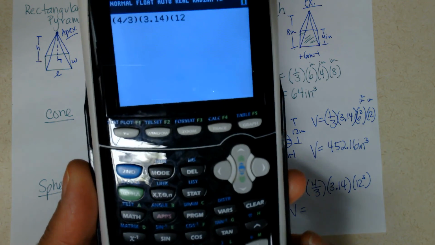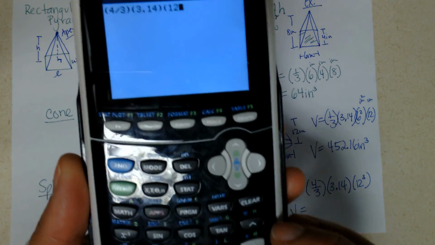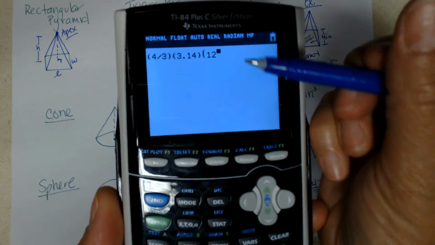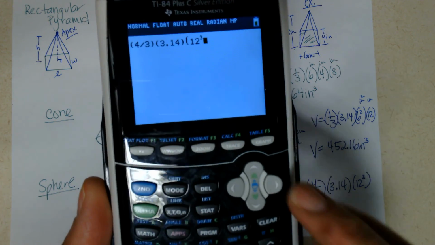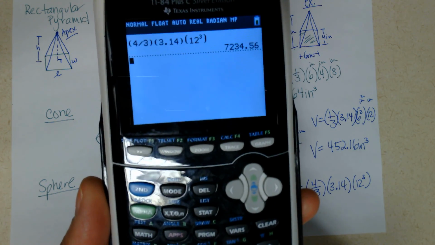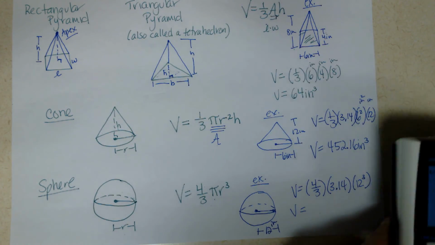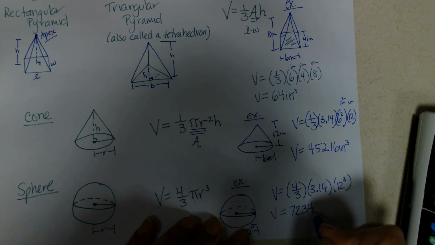Now I need the third power. This is my exponent button. Above my division sign is my exponent button. You push it, it goes in the exponent position. I push the 3, I push the over arrow to close my parentheses, and now I'm good to go. There we go, rounded to the nearest hundredth for us. This is a huge sphere.